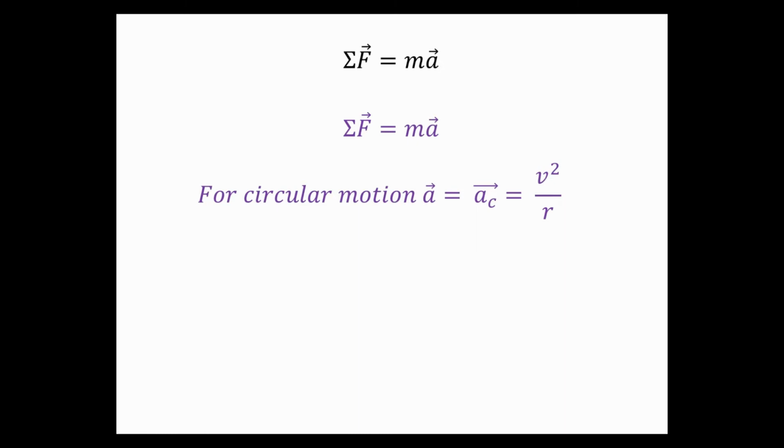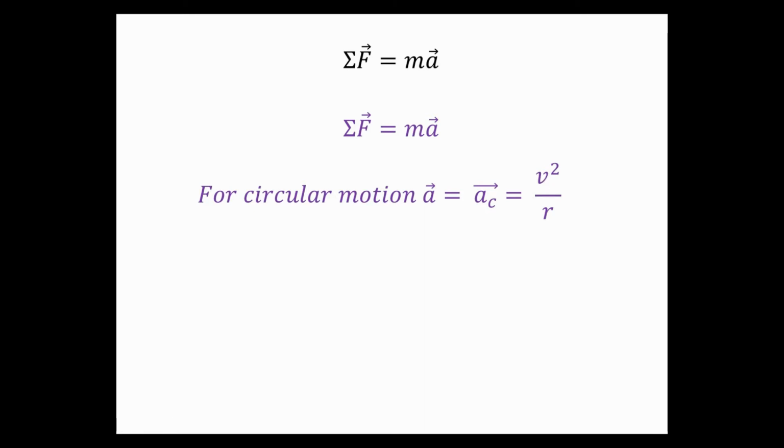All right, finally, let's talk about the forces. Newton's second law says that the sum of forces equals the mass times the acceleration. Now, in this case, I've colored it purple because we're constantly changing our direction with this circular motion. And for circular motion, our acceleration has to be a very specific acceleration, the centripetal acceleration, v squared over r, where v is the speed, the magnitude of the velocity vector.